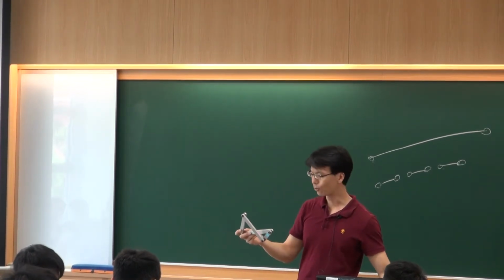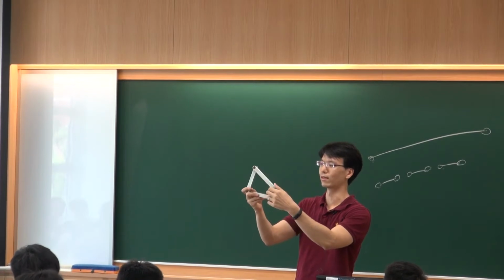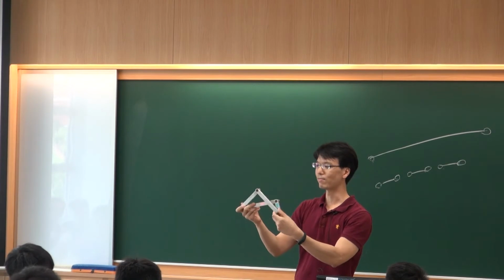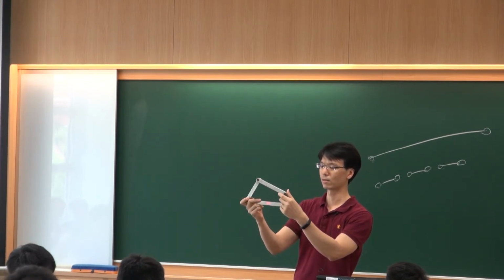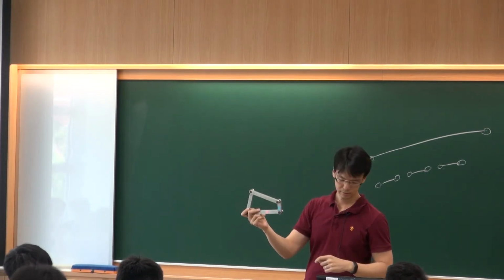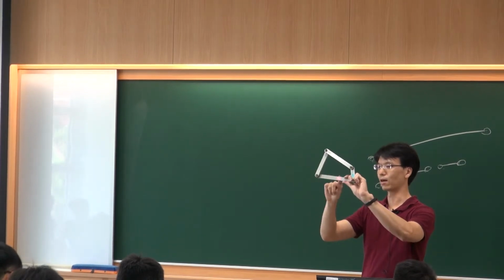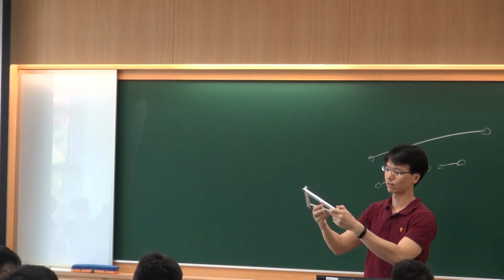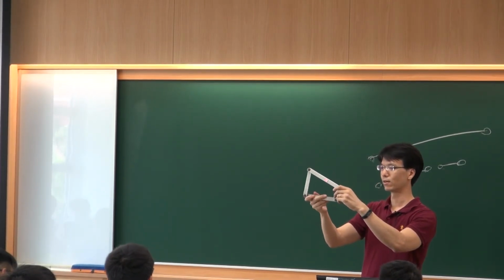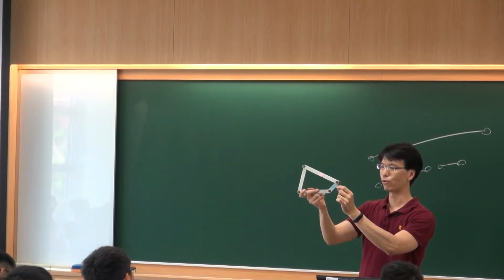The output, which is this one, we call a rocker because it's swinging. It's not doing a full rotation, it just swings back and forth. That means the input is crank and the output is rocker. But right now we are fixing this longest bar. I can use another configuration: I fix this P or Q, not the longest and not the shortest, and I also drive this blue one.